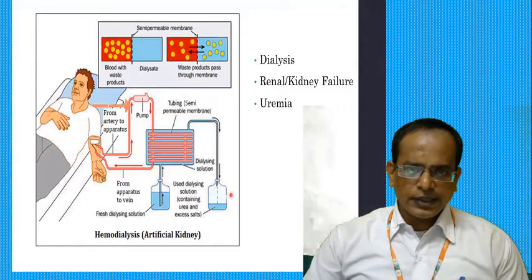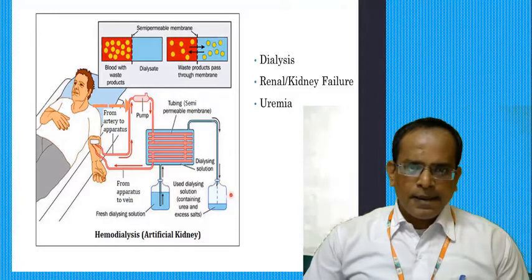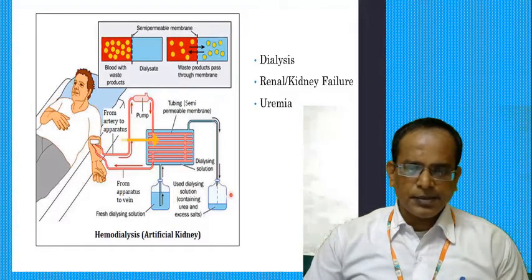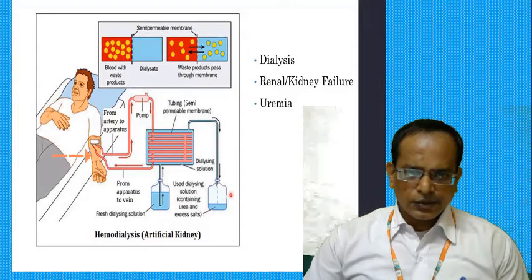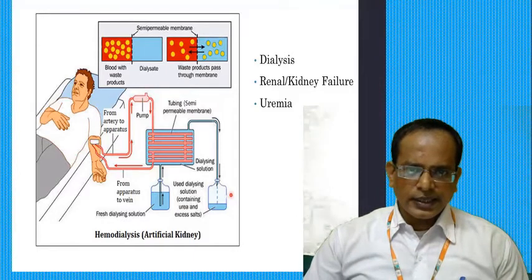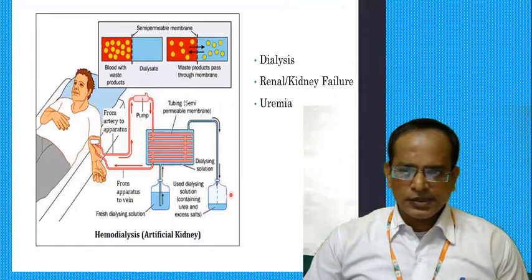After that, it reaches the semi-permeable membrane, which acts as a filter and removes the unwanted materials from the blood. After purification, the pure blood is injected again into the vein from the apparatus. So the filtration operation depends entirely on osmosis.